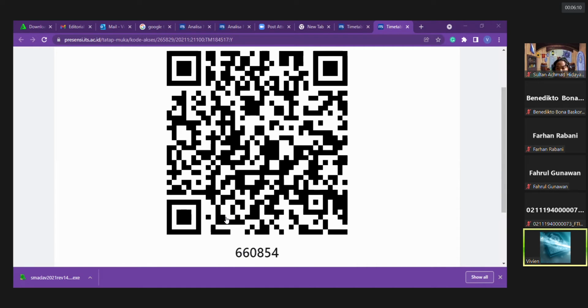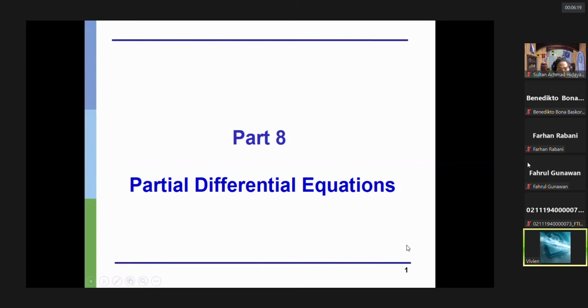Now I will change the screen to the slide. We are going to continue to part 8, which is about partial differential equations.